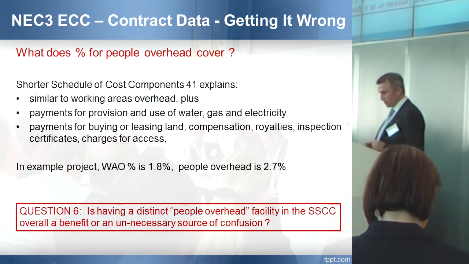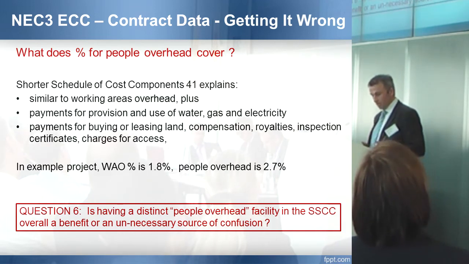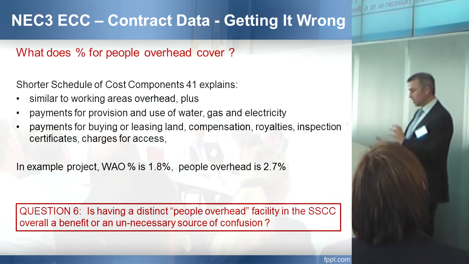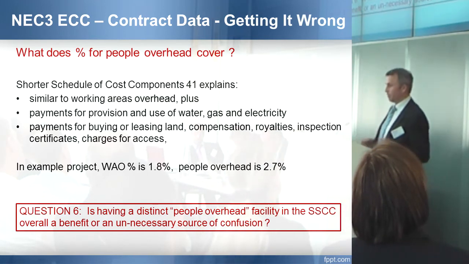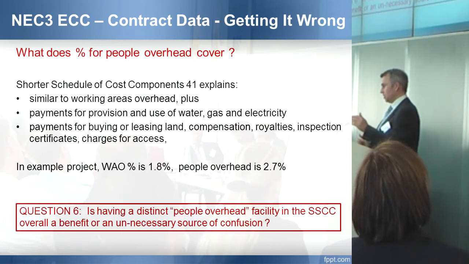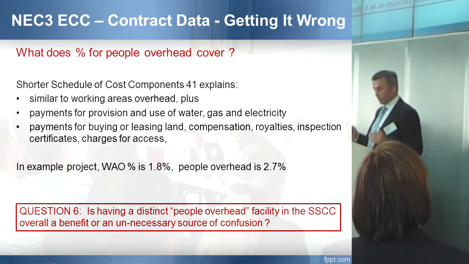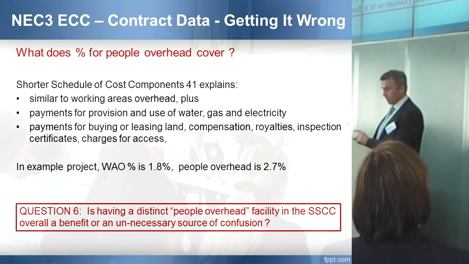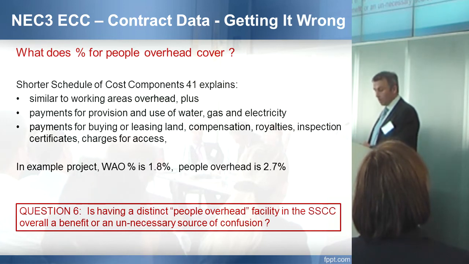So then we flip to options A and B, and if you choose to value compensation events using the shorter schedule, people overheads is the similar type of thing to working areas overhead, but in the shorter schedule of cost components, but it's not identical. It contains all of the items that we saw listed under working areas overhead, but also includes for the use of gas, water and electricity, and for these other items of buying land, compensation, royalties, and a few other things.